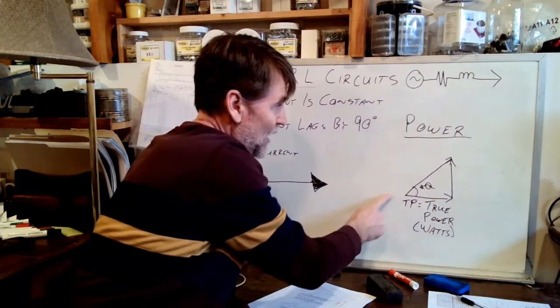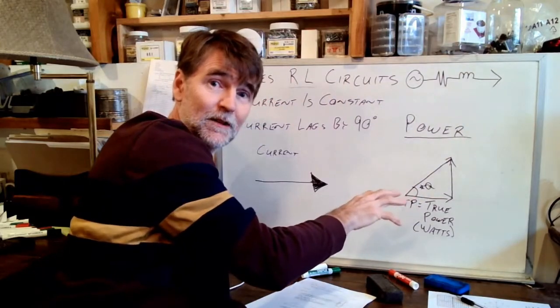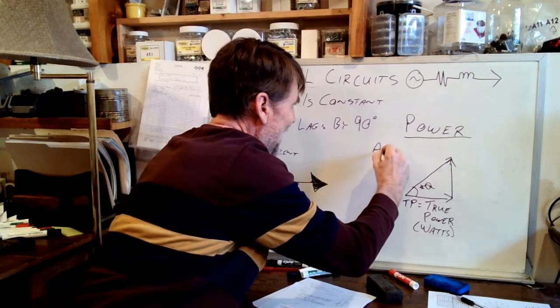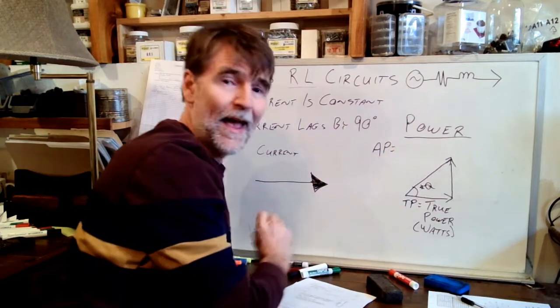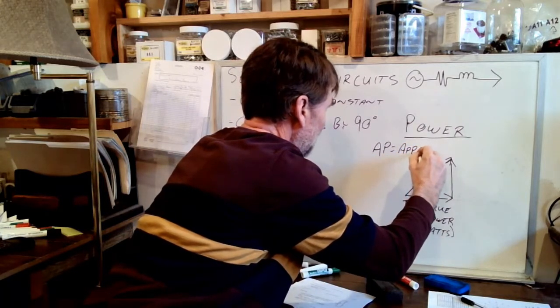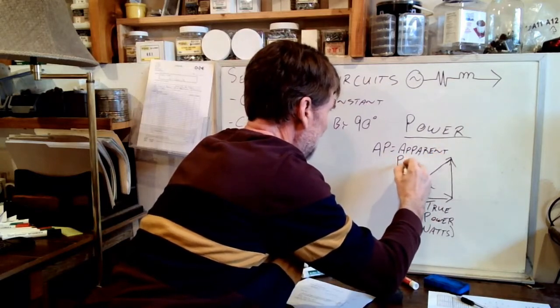Up here in the hypotenuse, which represents the total circuit, okay, this is what we call AP. And AP stands for apparent power.